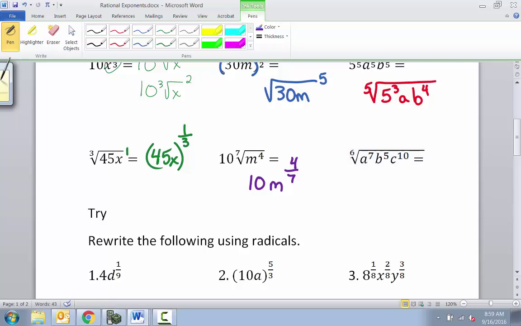The last one up here, well, they all have 6 as an index, so they're all going to have 6 in the denominator. So a to the 7 over 6, b to the 5 over 6, c to the 10 over 6. So it's just the opposite of the problem above it, basically.